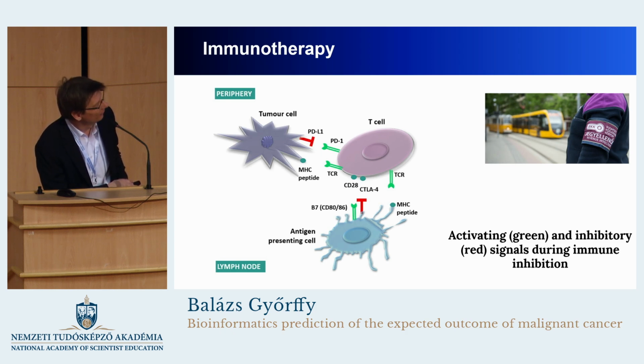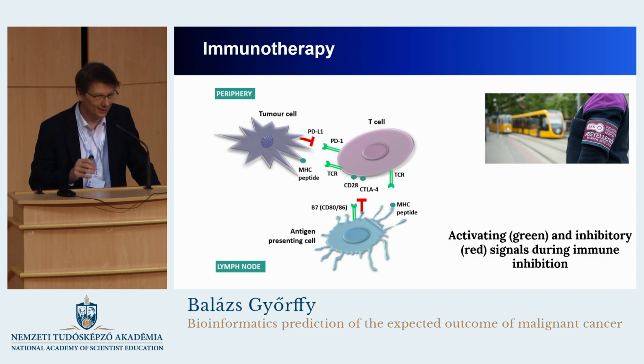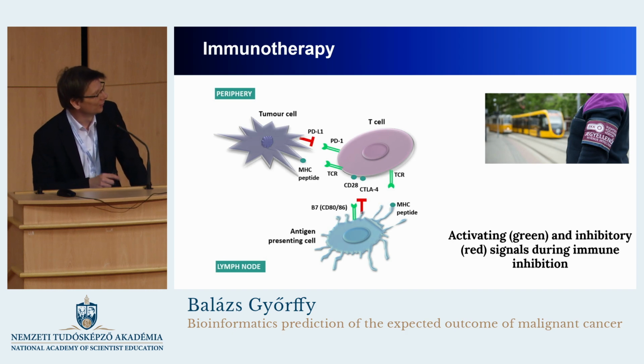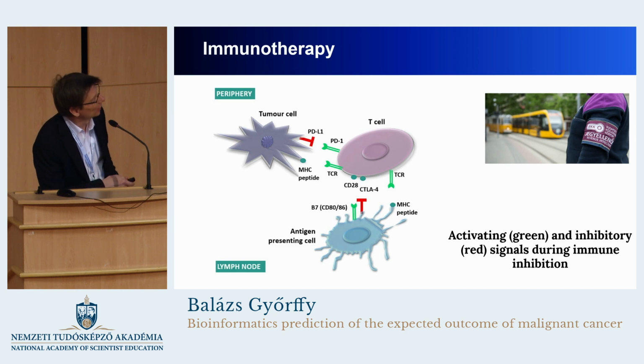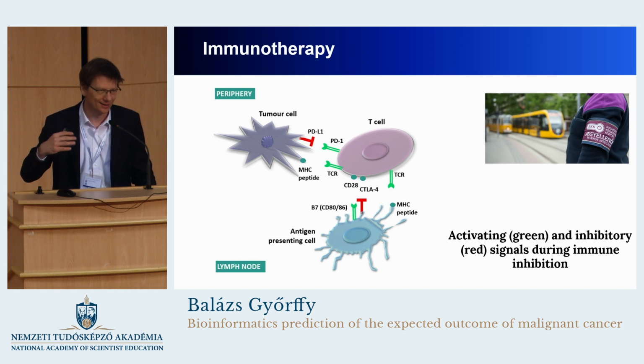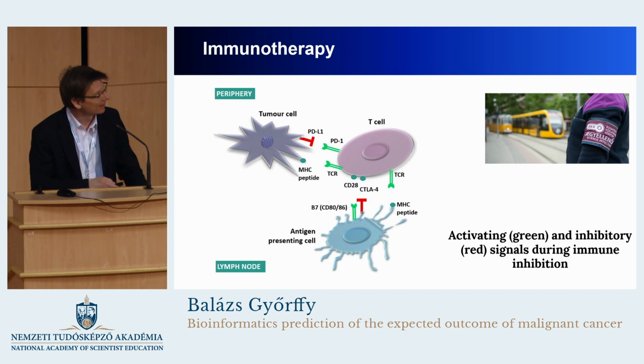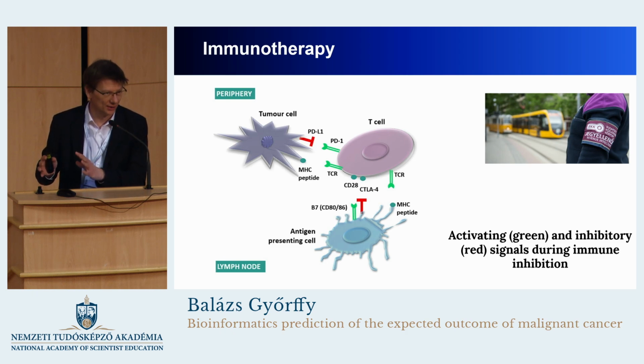From the lymph node, we get the T cell. The T cell's job is to destroy the tumor cell. However, this is not always possible. There are ligand-receptor combinations, like PD-L1 and PD-1, by which the tumor cell can stop the T cell. It's like a pass for the subway system, which is why I have this image.